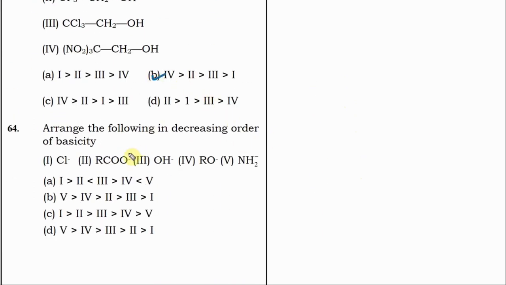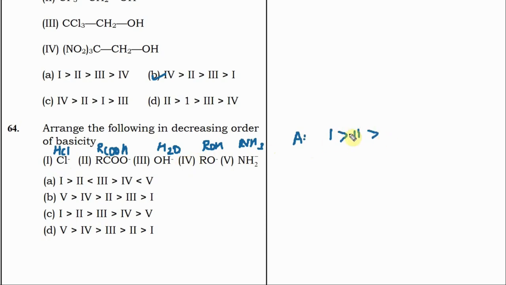Arrange the following in decreasing order of basicity. The best way for you to do this is write the corresponding conjugate acids. It will be comfortable for you. Okay, order of basicity, so we need to look at acidity. Who is the strongest acid? HCl is stronger. So acidity 1 greater than 2, correct?